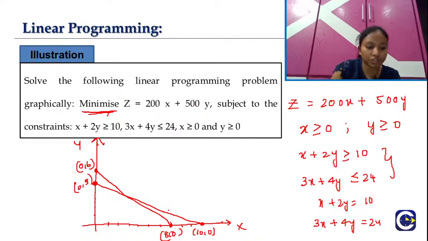So now according to the plot, what will be the feasible region here? The feasible region here will be this portion here.